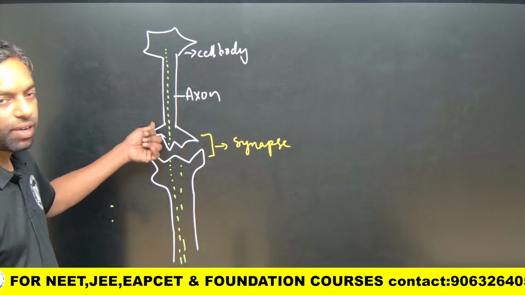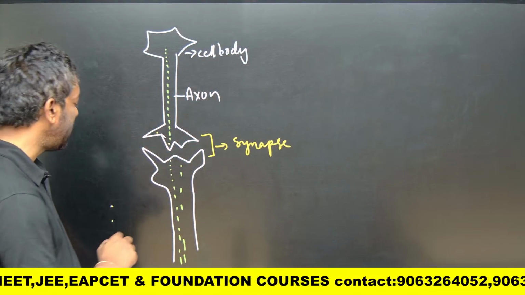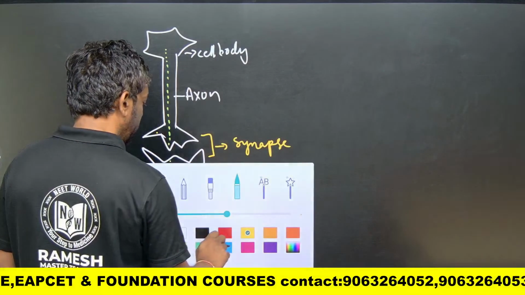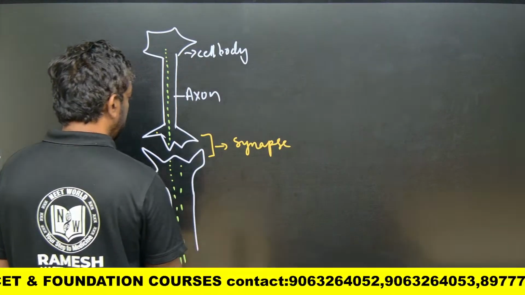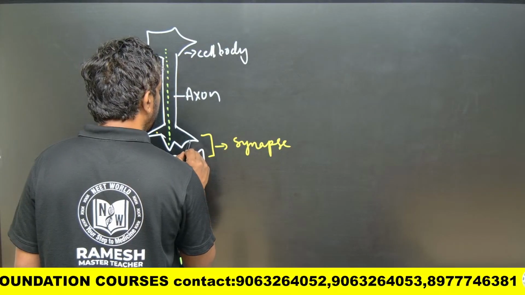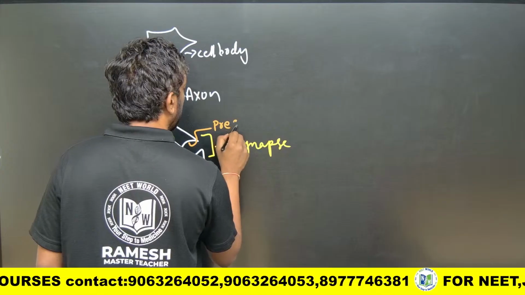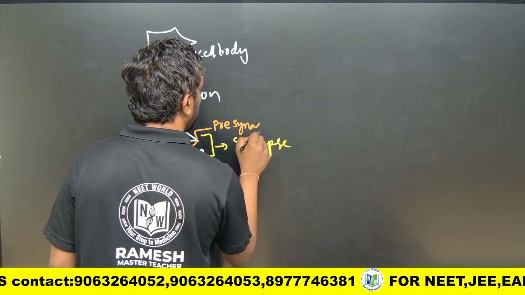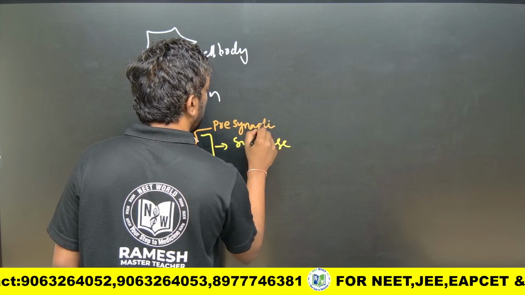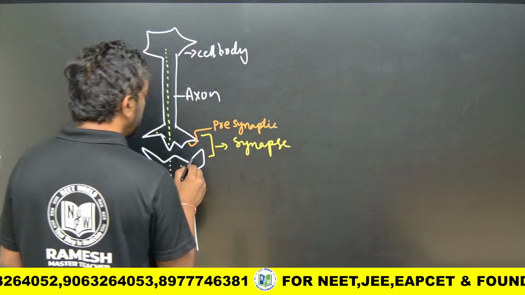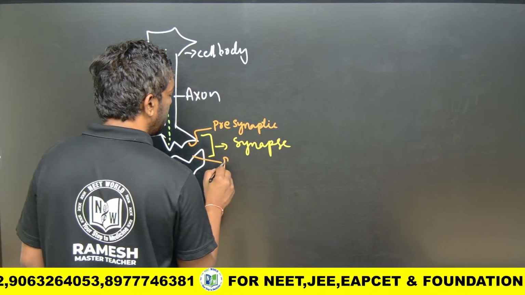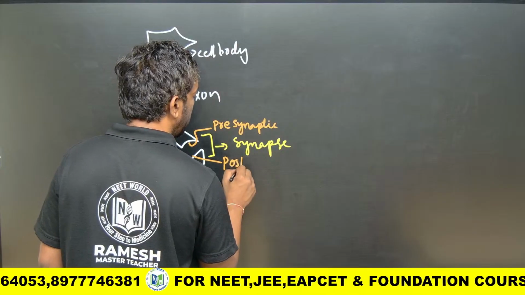The first neuron's axon end is the presynaptic zone. This is the axon end, presynaptic. Presynaptic zone. This is the postsynaptic area.